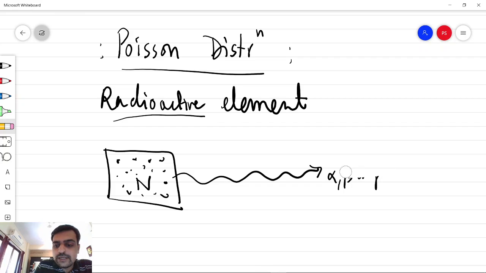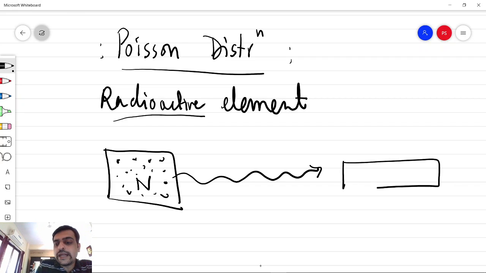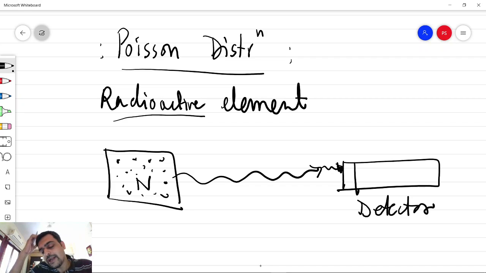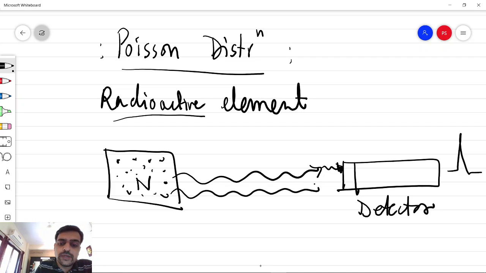Let us just consider that it emits some particle, and we have placed a detector which, whenever the particle is detected by this device, we get a count on our display. This is how we can effectively count the number of particles or number of disintegrations performed by this radioactive sample.